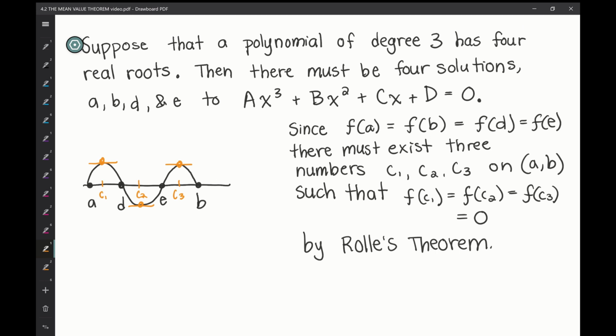So this is that f. Oh, I forgot all my primes. f primes. So this is f prime of c1 is equal to 0. f prime of c2 is equal to 0. And f prime of c3 is also equal to 0.